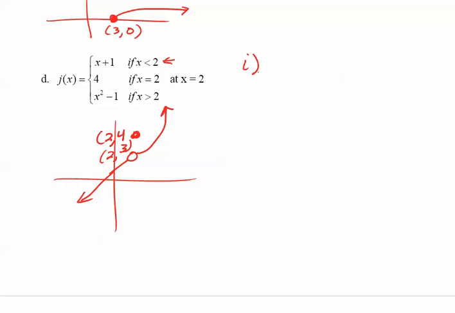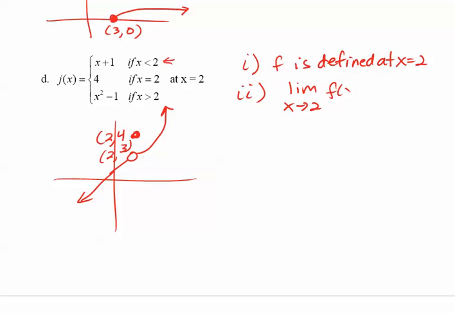So let's think about it. Test 1, part 1, is it defined at x equals 2? Yes. F is defined at 2. So that part is true. Part 2, does the limit exist? The limit as x approaches 2 of f of x does exist, and it happens to be equal to 3.